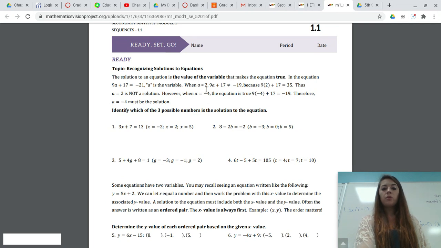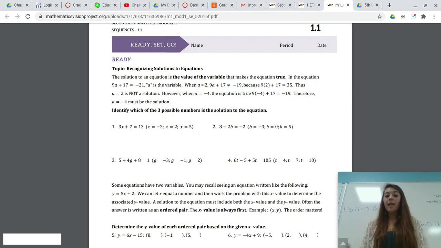When a equals 2, 9a plus 17 does not equal negative 19 because 9 times 2 plus 17 is 35. Thus, a equals 2 is not a solution. However, when a equals negative 4, the equation is true. 9 times negative 4 plus 17 equals negative 19. Therefore, a equals negative 4 must be the solution.